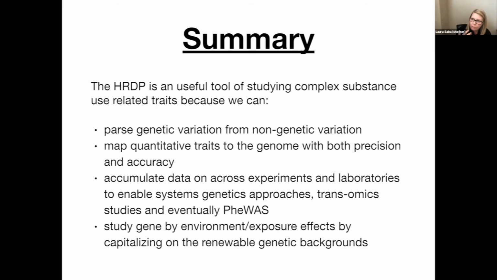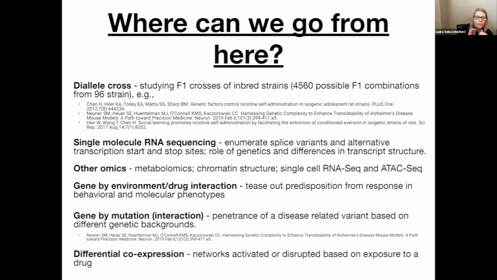We can map quantitative traits with both precision and accuracy. We can accumulate all of this data so we can think about systems genetics and trans-omics analysis. And then finally, like Hao mentioned, we can study environment and exposure effects while capitalizing on this renewable genetic background. Right, and where do we go from here?